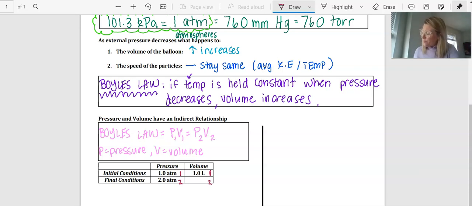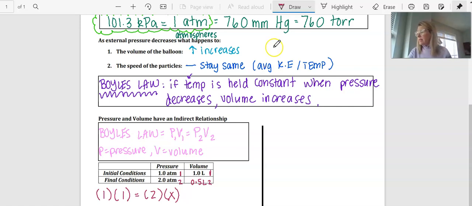So we have P1, 1 atmosphere times 1 liter is equal to 2 times X volume. So in this case, if you think about it logically, we've increased our pressure, our volume needs to decrease, and we end up getting 0.5 liters, okay? And so that is Boyle's Law.